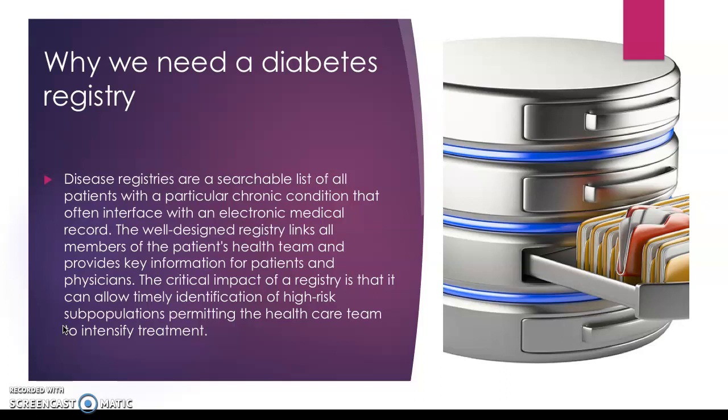The critical impact of a registry is that it allows timely identification of high risk subpopulations, permitting the healthcare team to intensify treatment. So, with that said, this database that I created can be utilized by our healthcare team to provide the best care for our diabetic patients.